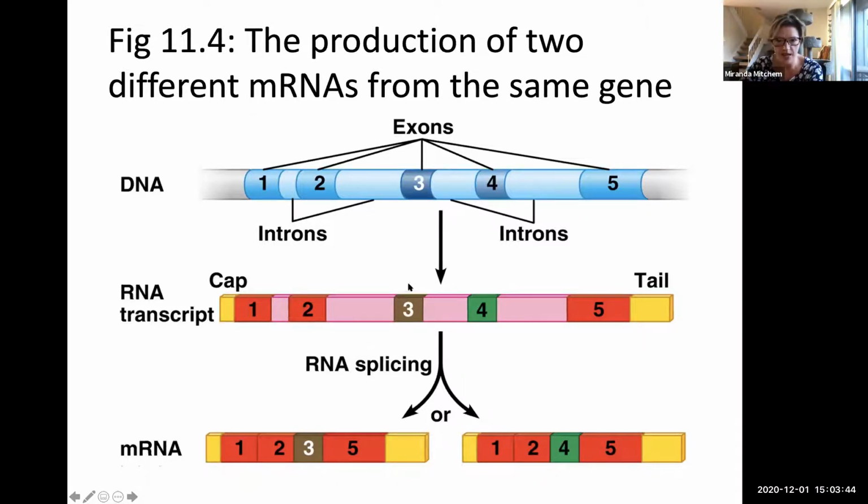So now what's happened is the 3 gene exon has been removed. So we get 2 different messenger RNA molecules from the same transcript due to splicing. It is possible to get more than 2 messenger RNA transcripts from the same DNA sequence through the process of alternative splicing of the message.